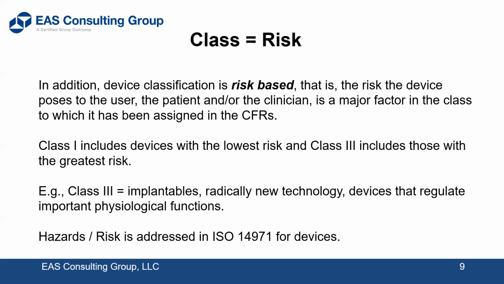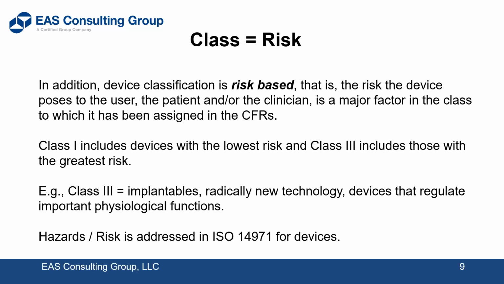But the main differentiation between class is risk, between class 1, 2, and 3, and the same is true over in Europe. So we're talking about risk based on patient risk. Here again, companies get in a lot of trouble because when they talk about risk-based, they include financial risk, scheduling risk, budget risks, etc. Those are real business risks, but they are not what the FDA means when they talk about risk. With devices, they're talking about ISO 14971, the current version 2019.